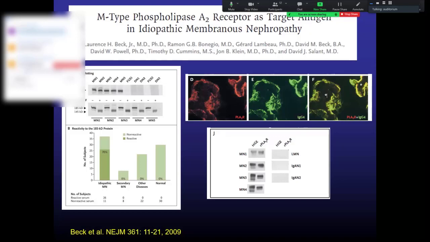It's differentiated from minimal change or FSGS because in those diseases you don't have immune complexes, you don't have IgG depositing. So we know it's an autoimmune disease, and in 70% of patients it is caused by antibodies to the phospholipase A2 receptor. That's the target antigen in the kidney.